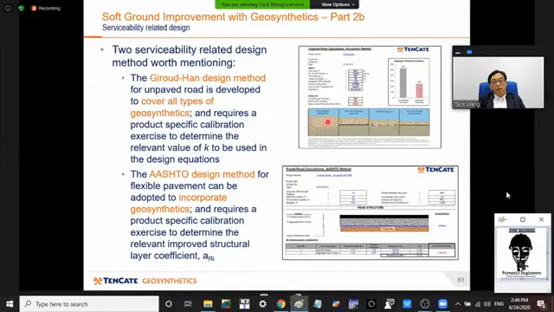And for paved roads, the standard AASHTO design method can be used with the incorporation of geosynthetics. And likewise, while the design method is generic, the product benefit is specific.